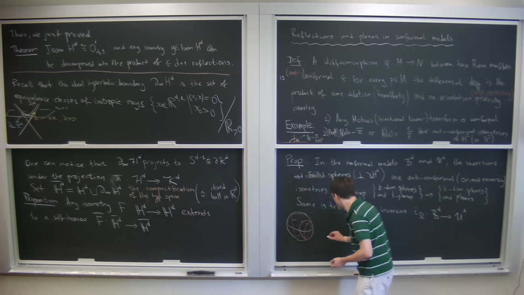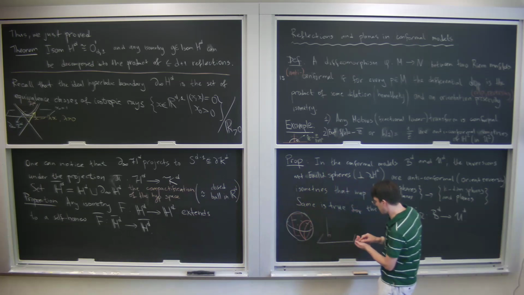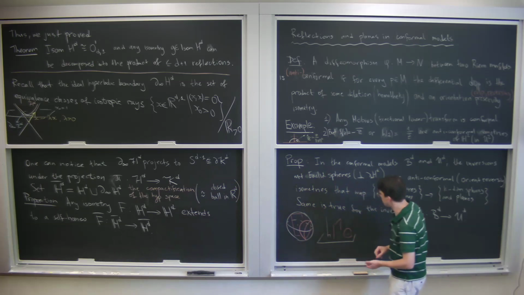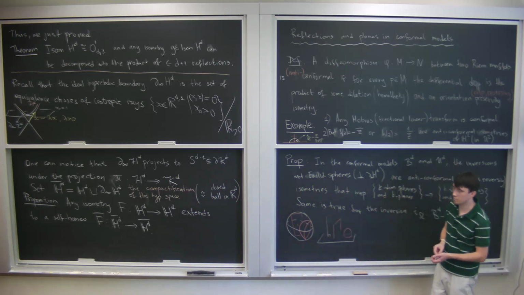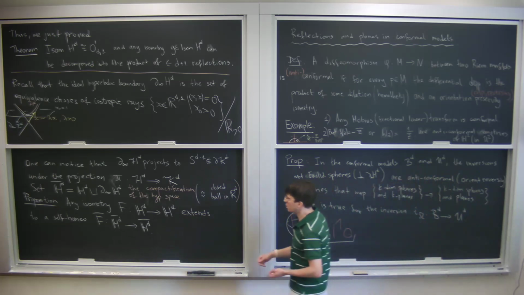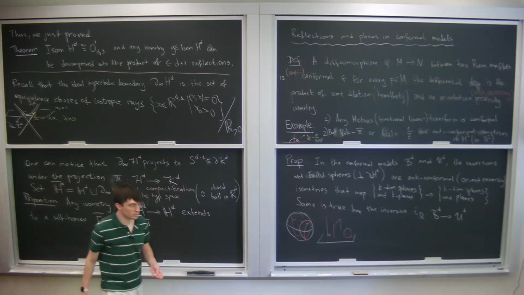And in the upper half space model, we also have planes and spheres orthogonal to the boundary. Yeah, this is my picture. And obviously, reflections in hyperplanes.